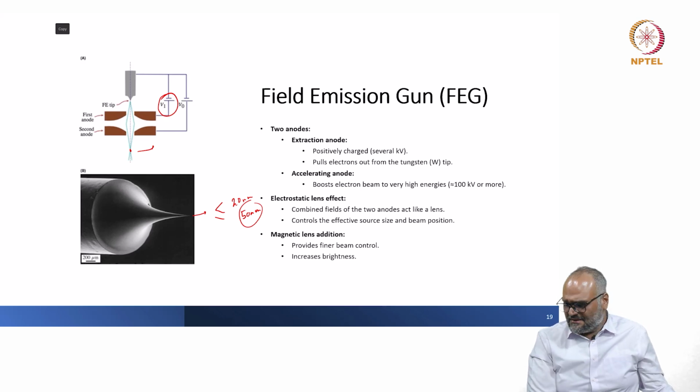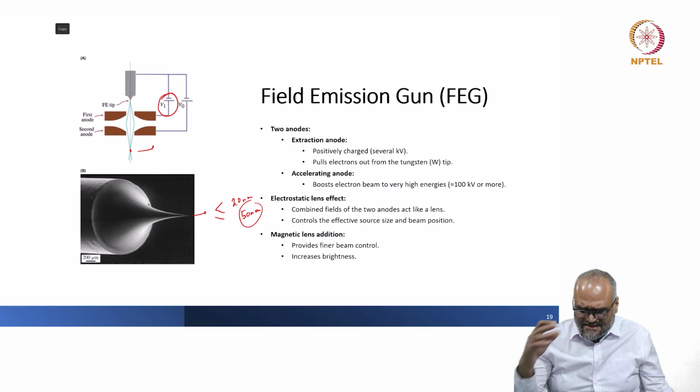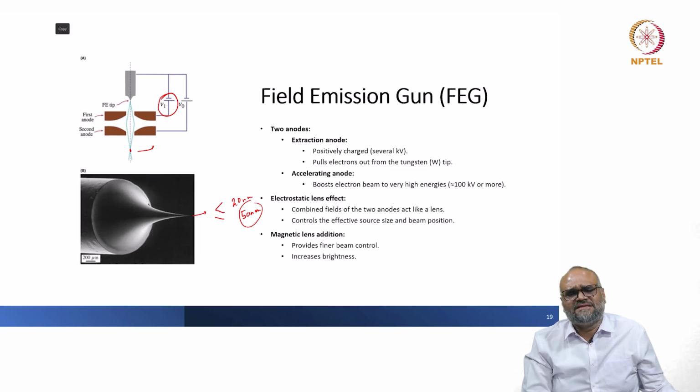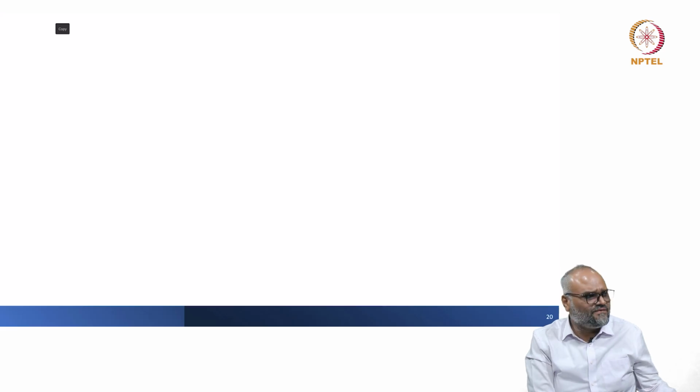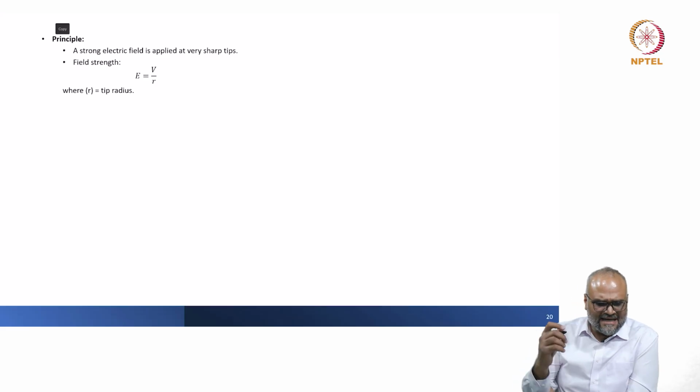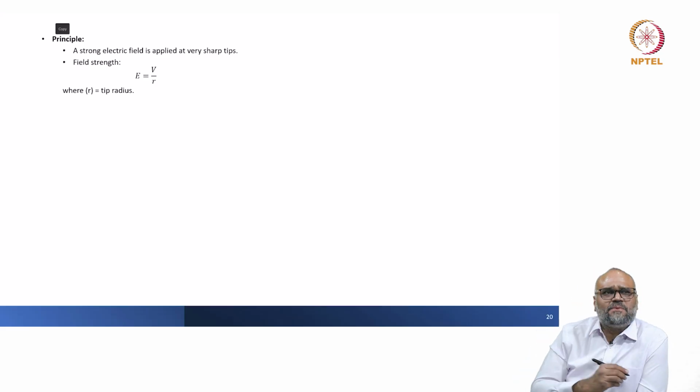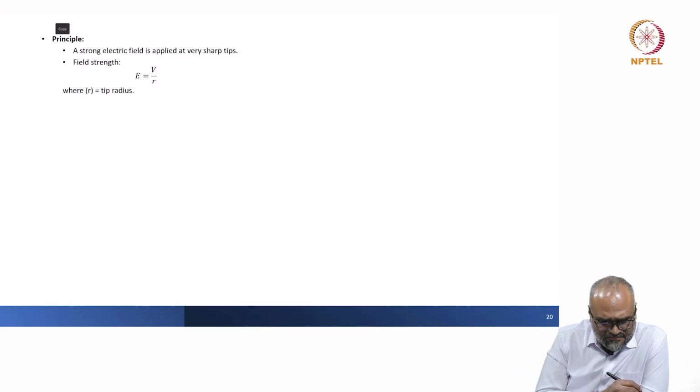So if I look at the energy diagram of how electrons are extracted and understand the principle of a field emitter in a bit more detail, you have the following. The idea is, at the very fine tip, I apply a very high field.